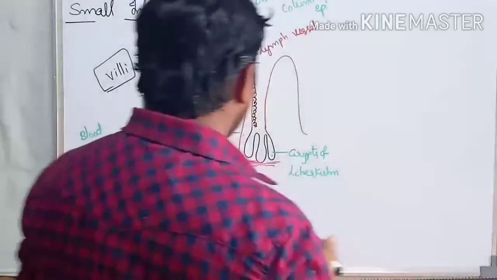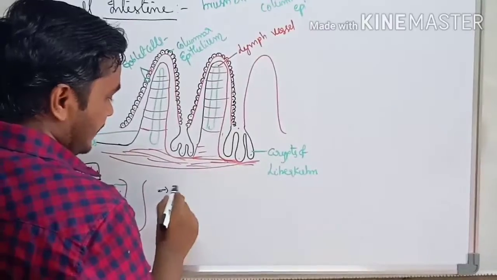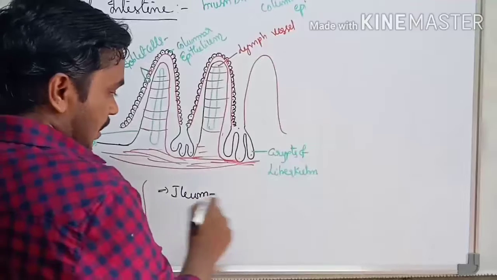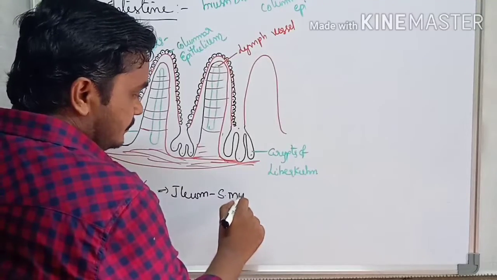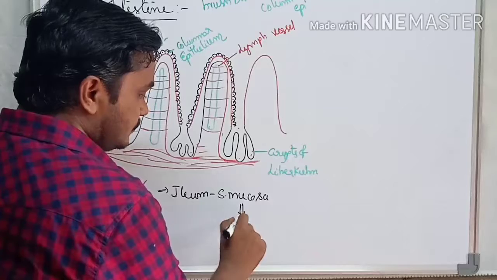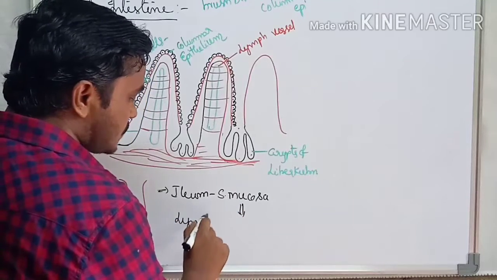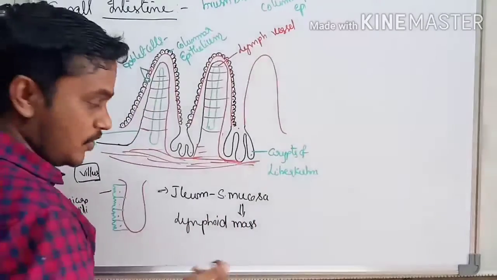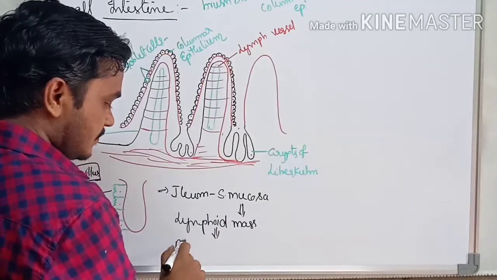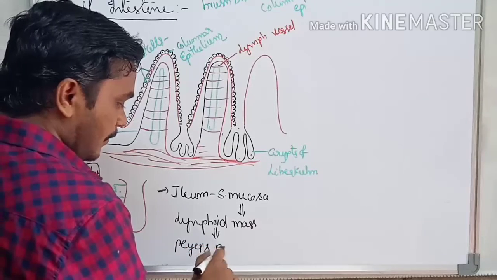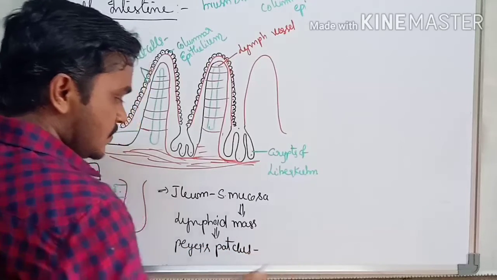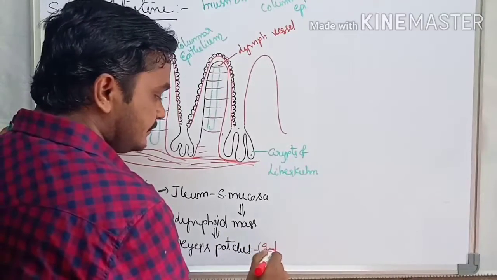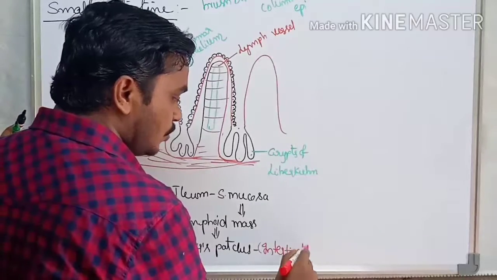In the ileum region, the distal part of the small intestine, the submucosa consists of a lymphoid mass called Peyer's patches. These are also called intestinal tonsils.